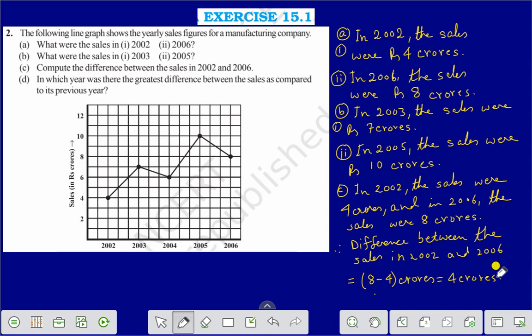Therefore, the difference is 4 crores between the sales of 2002 and 2006.